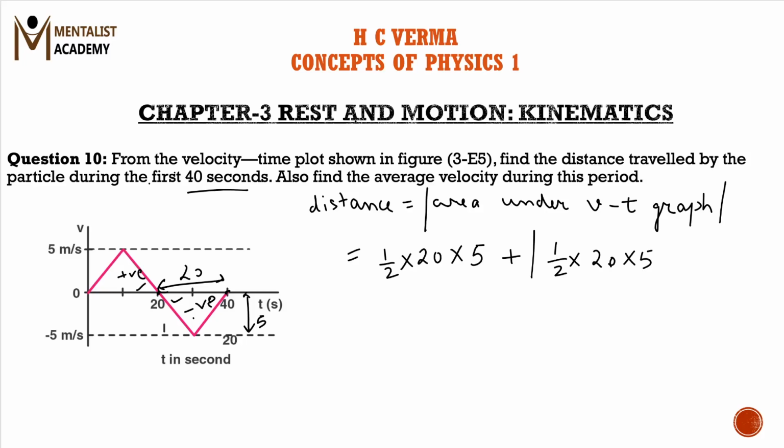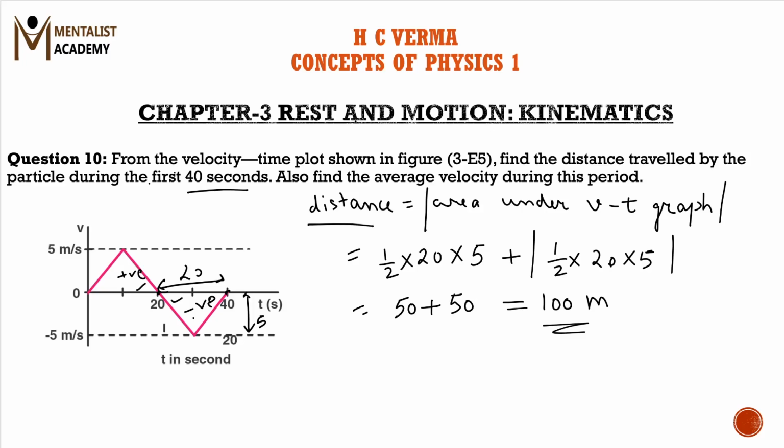We are only concerned about the magnitude of the area. So the value would come out to be 50 plus 50, that is equal to 100 meters. So the distance traveled by the particle in 40 seconds would be 100 meters.